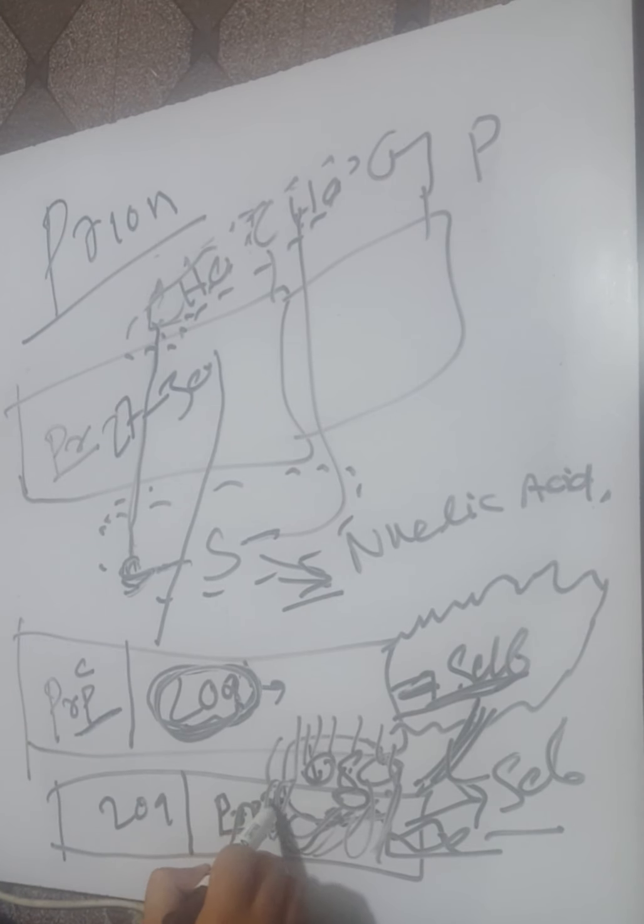The PRPSC is neurotoxic, and retains the prion infectivity. The PRPSC accumulates in the brain and converts into amyloid. Amyloid is also a toxic substance for the brain. That is how the prion changes its structure.